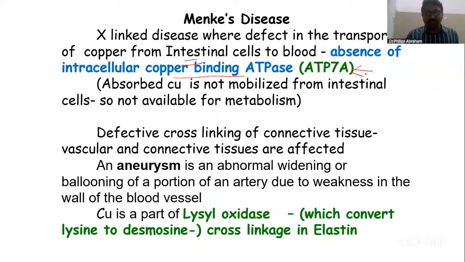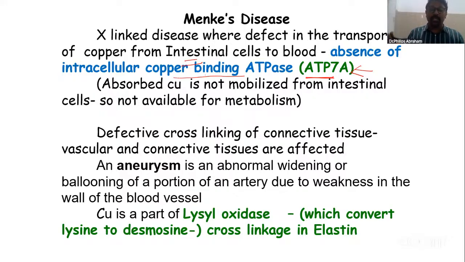If there are any mutations in the ATP7A gene, this enzyme will not be produced, so copper will not be absorbed. So in Menkes disease, there will be deficiency of copper. So copper-containing enzymes will not work. One of the enzymes is lysyl oxidase, for the cross-linking of collagen. That will not be working.